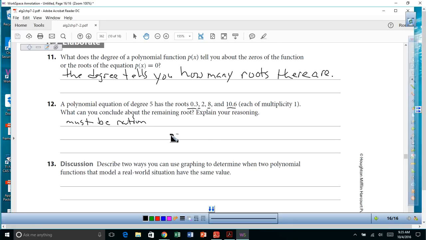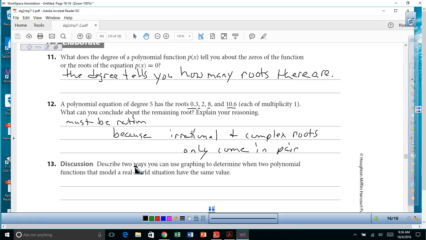Because irrational and complex roots only come in pairs. And since these are all rational, the fifth one must be rational.